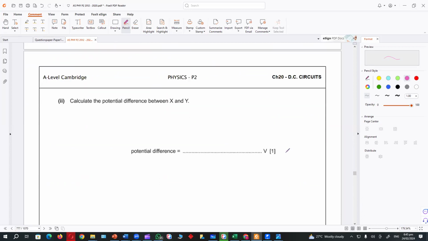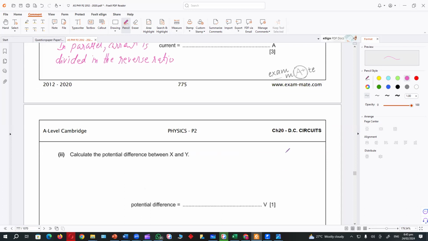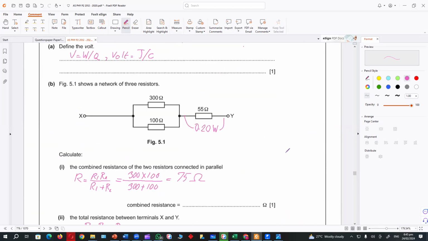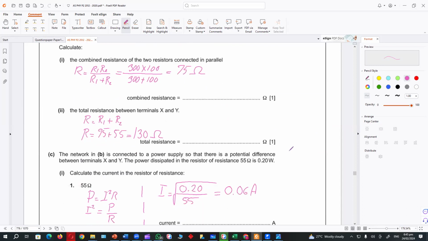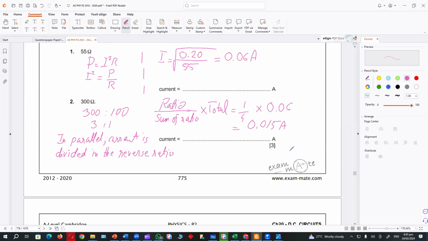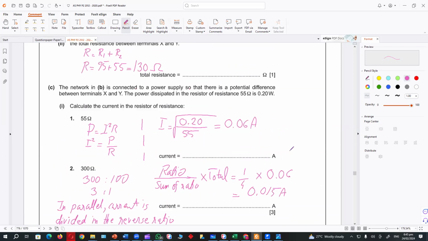Calculate the potential difference between X and Y. Now look at this position, X and Y. It is the total circuit. The total resistance of the circuit is 130 ohm and the total current is 0.06 ampere.